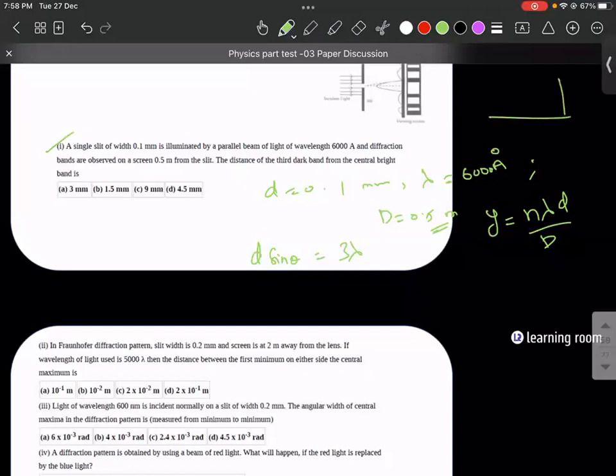The distance is n lambda D by d. This is width, this is capital D. N lambda capital D by d, right? That's what you're saying. Okay.